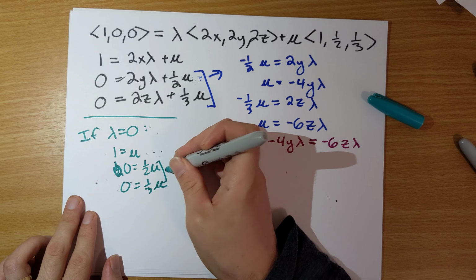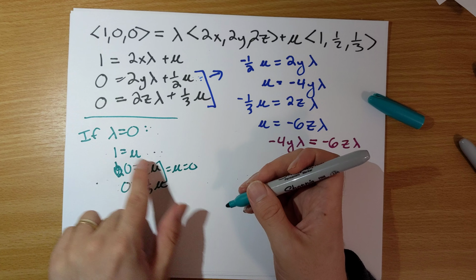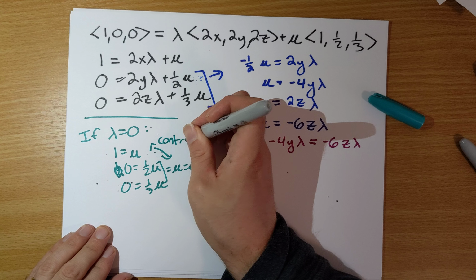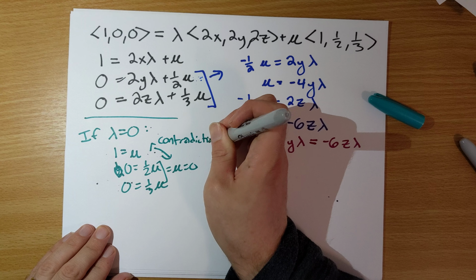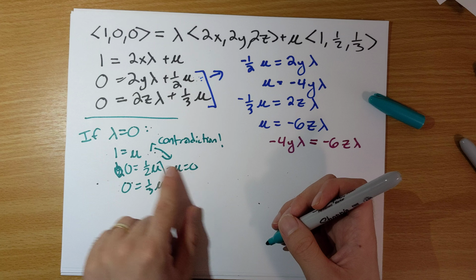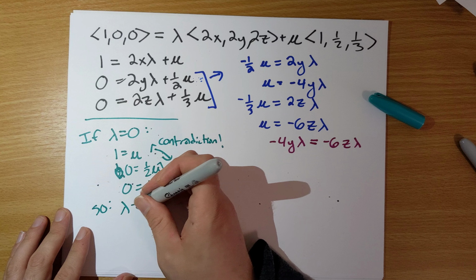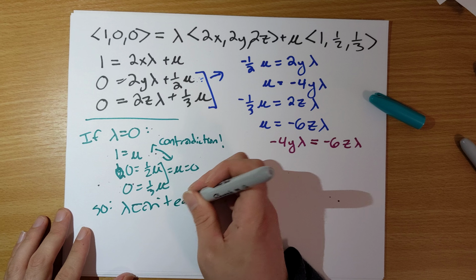And so these would give mu has to equal 0, which is a contradiction. You can't have mu both equal to 1 and equal to 0 at the same time, so lambda can't equal 0.